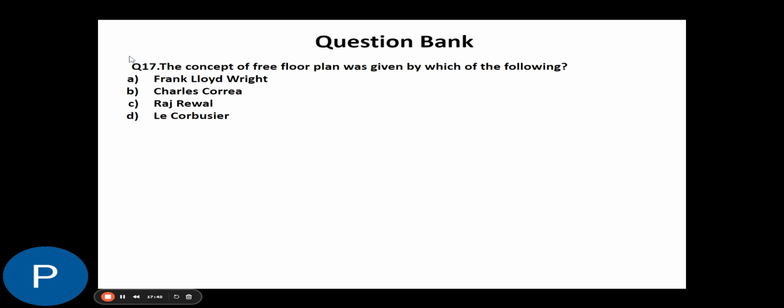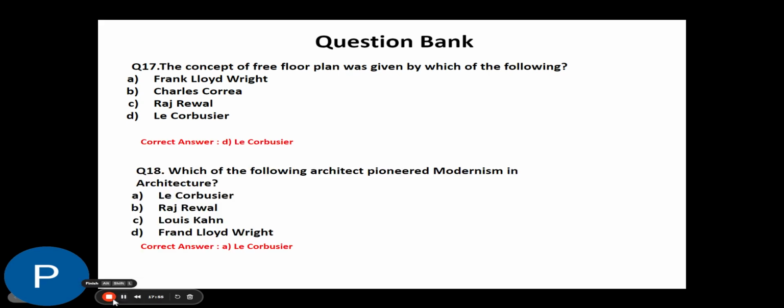It is a component of the 5 points of architecture. Coming to the next question, which architect pioneered modernism in architecture? The options are Le Corbusier, Raj Rewal, Louis Kahn, and FLW. The correct answer is Le Corbusier.